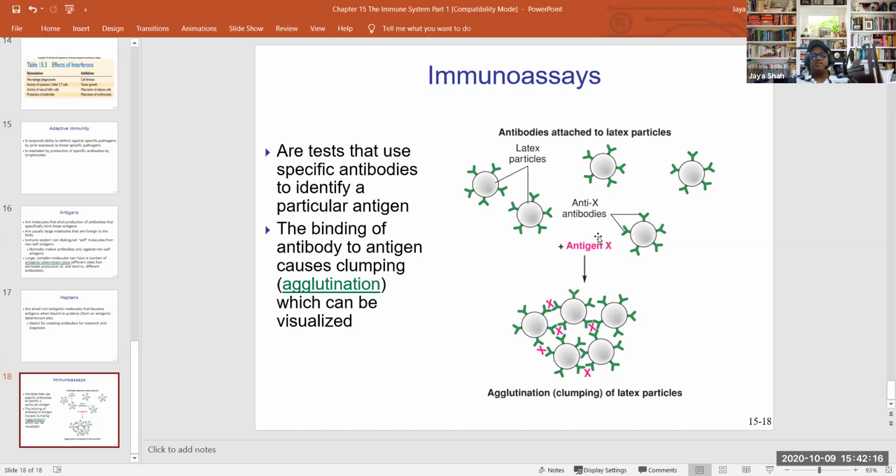So when this X antigen binds with these antibodies, these latex particles with antigen-antibody complex start making clumps, and that clumping of antigen and antibodies is called agglutination.